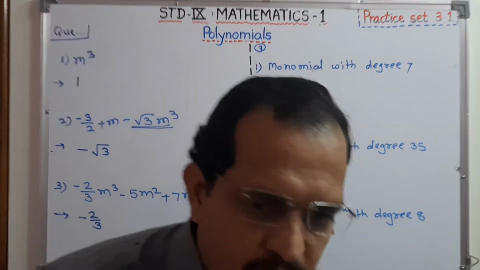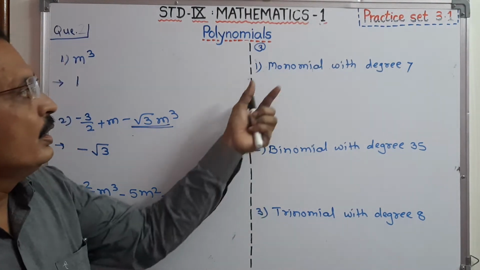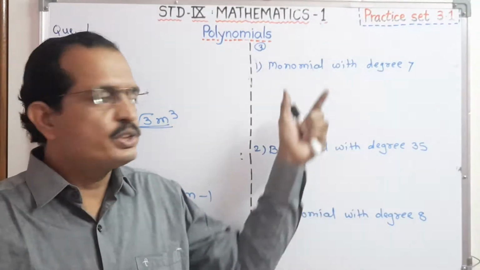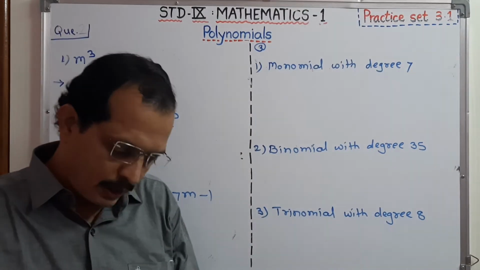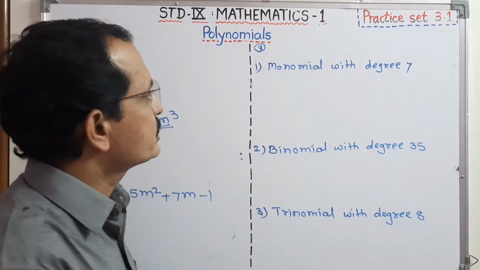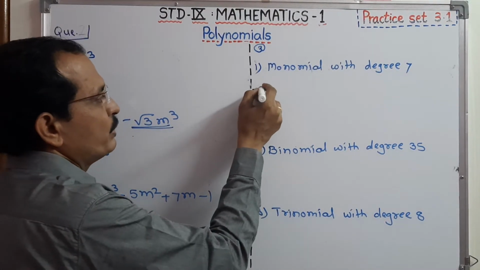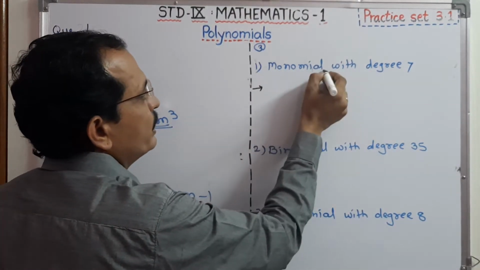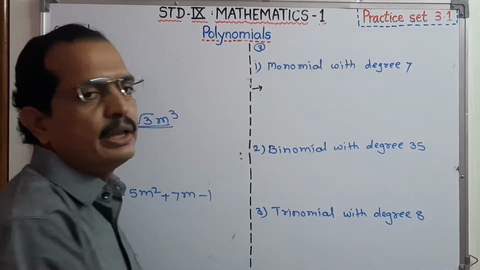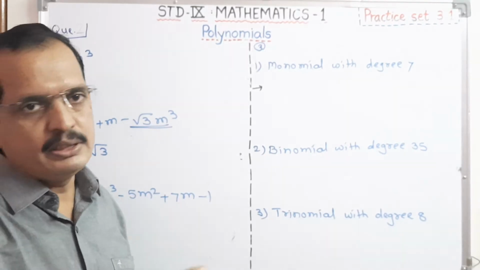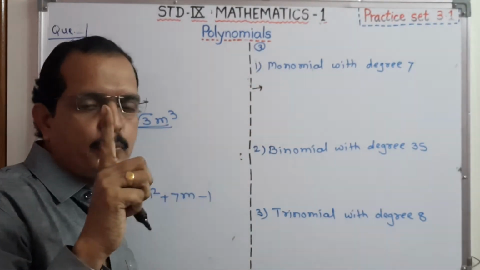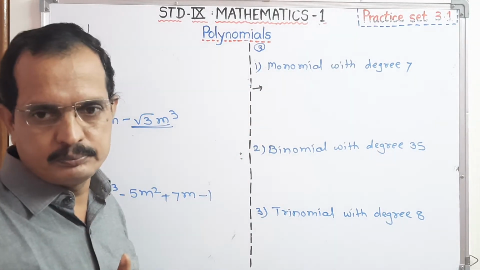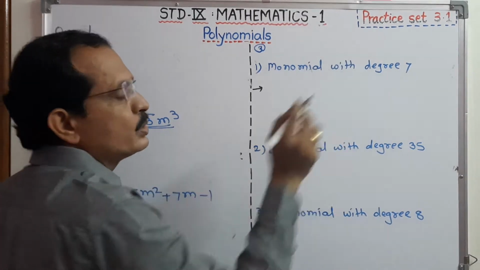Dear student, see here, three conditions are given. By using these three conditions we have to write three polynomials. First condition, we have to write one polynomial which is a monomial and which has degree 7. That means monomial, that means the polynomial contains one term, and second, degree should be 7.